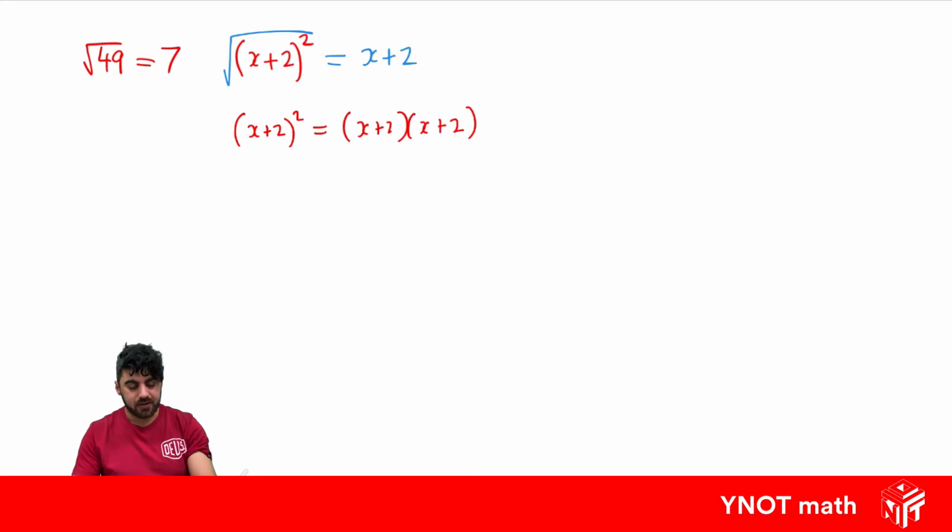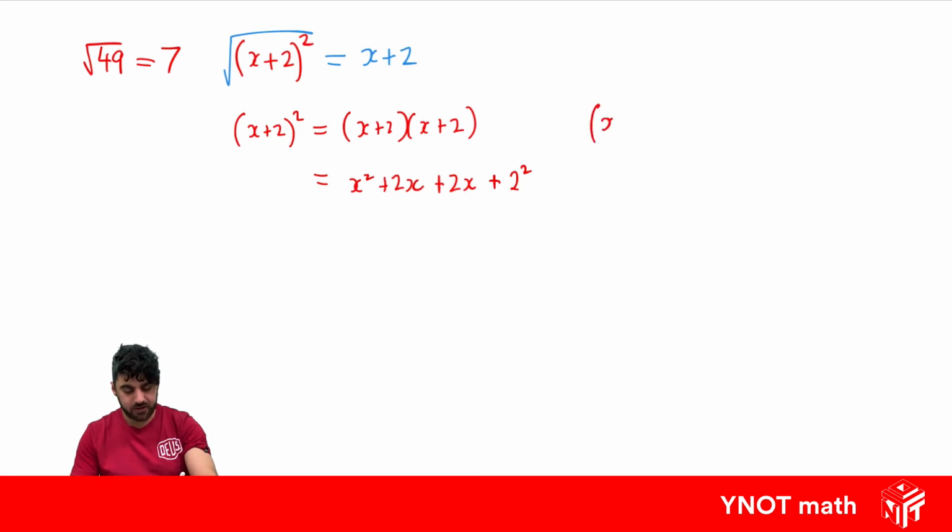And we could go ahead and expand it out as we normally would. x times x is x squared, and x times 2 is positive 2x, and then this 2 times x is positive 2x, and this 2 times this 2 is 4, but I might write it as 2 squared for now because it's 2 times 2. And we can simplify this, but not going to just yet.